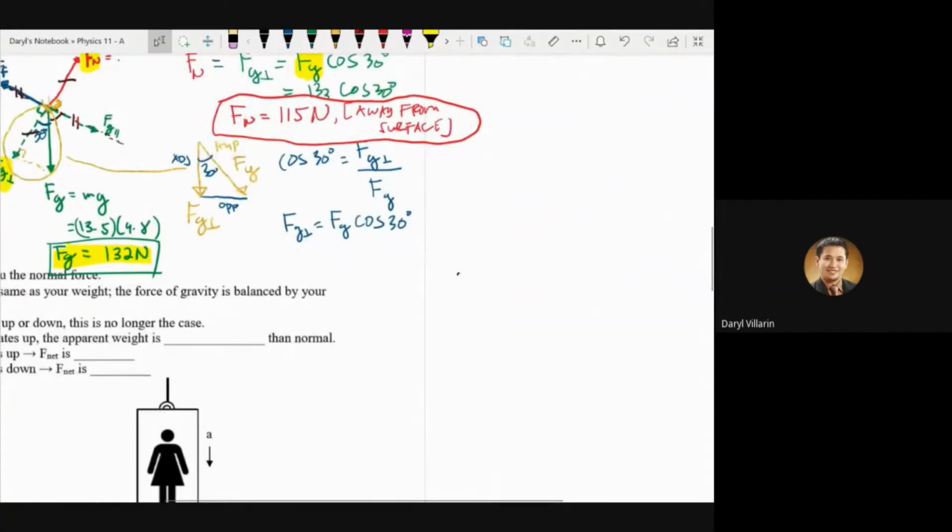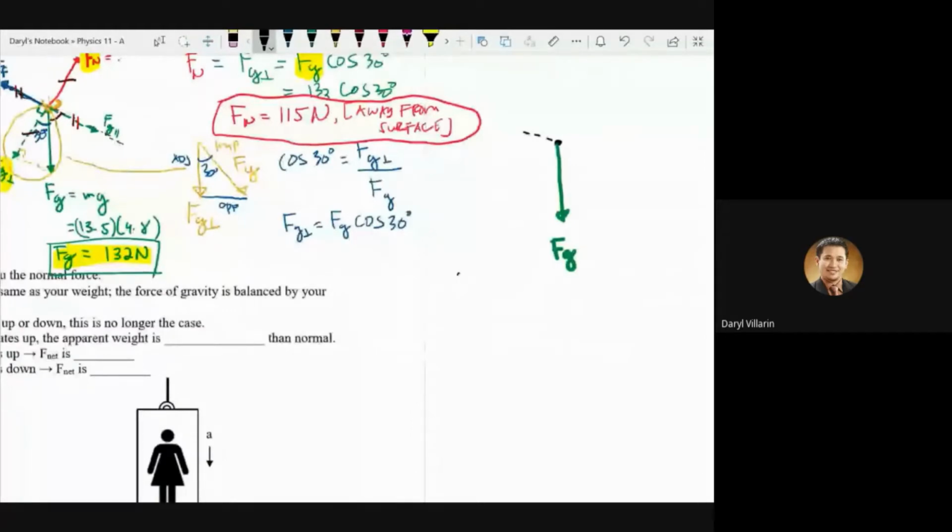Like if this is my object, we know the weight of the object will always be going downward, or Fg. And again, as mentioned, your surface is angled off at 30 degrees.